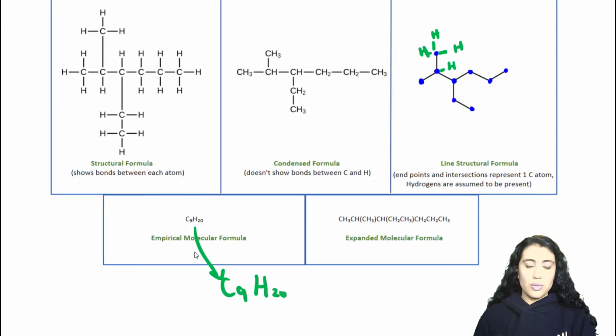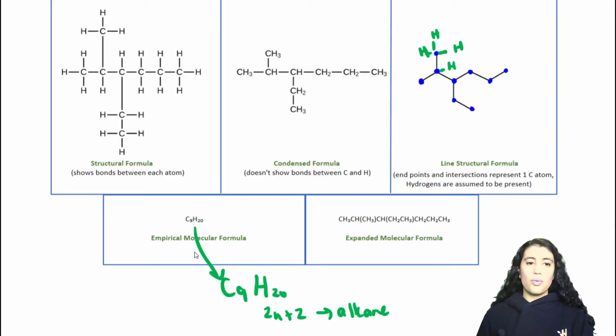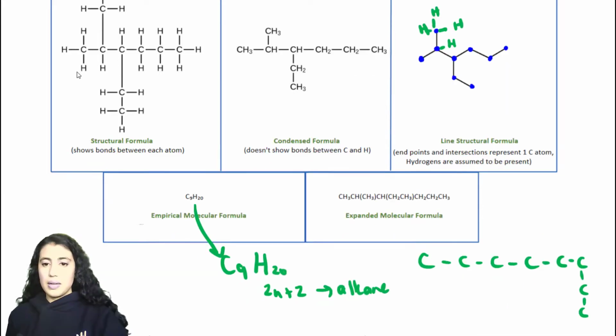So the way that we got 20 was we did 2N plus 2, and we said that that's the formula for an alkane. So if someone was asking me to draw that, I knew I would have to draw out, just like we see here. Another way to draw that would just be writing out 9 carbons, and then drawing in all the hydrogens. So that is an alkane having only single bonds.